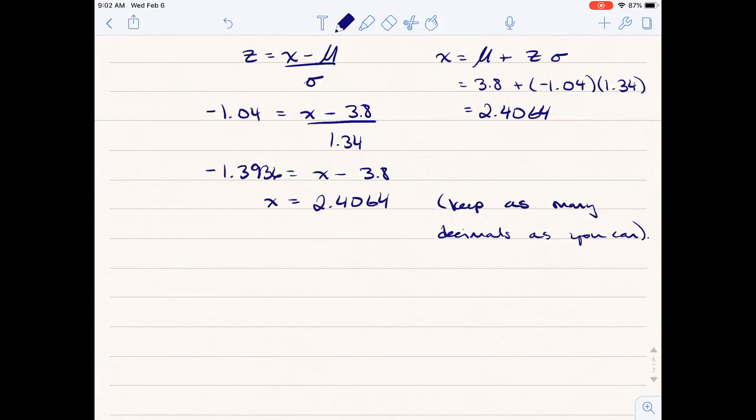So we can use either equation, whichever one you like better, in section 3.1 on the formula sheet. Okay. So now, any questions about that one? Now that I've fixed it. Otherwise it was confusing.